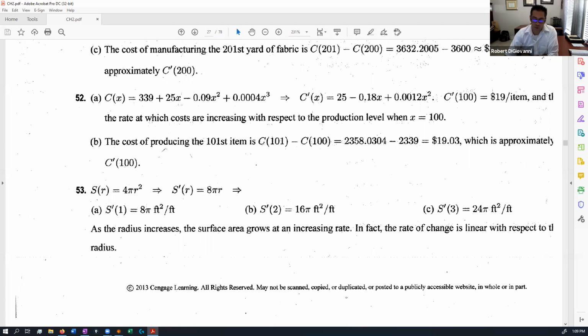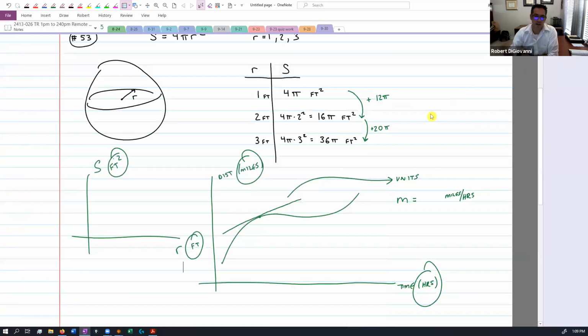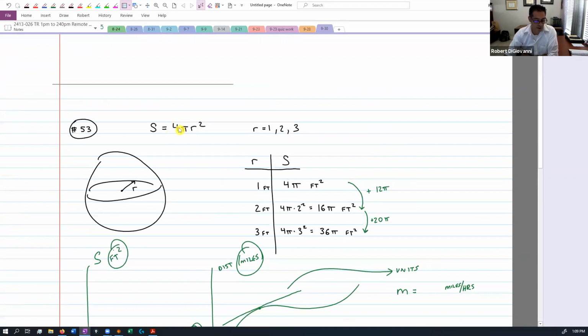That's the mechanics of what they want you to do. What I was trying to answer was a student's question about the units and how this is not uniform in the sense of the rate of change. At the end of the day, the derivative of this can be found using the rules from section 2.3. Does that make sense? Then you can just evaluate that at the 3 different points.